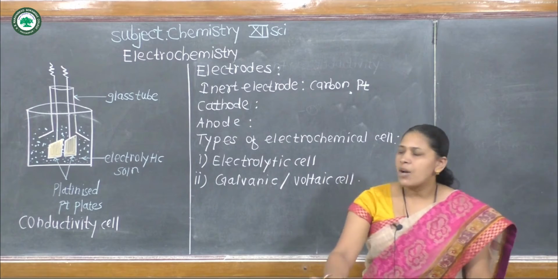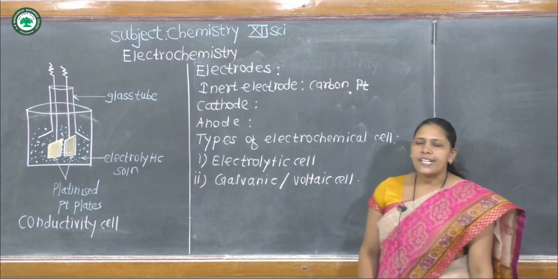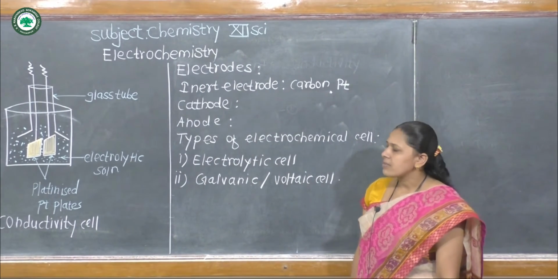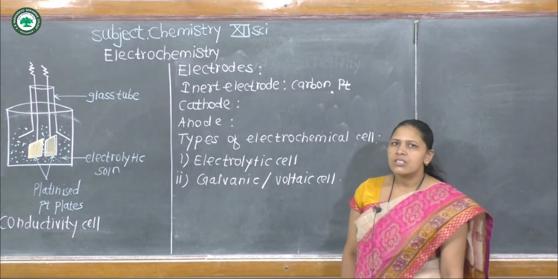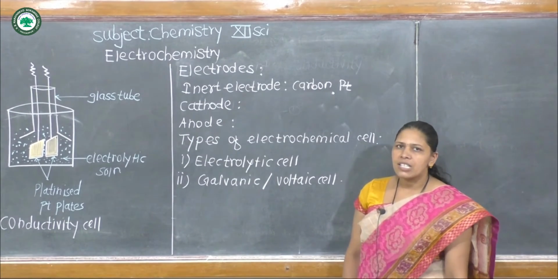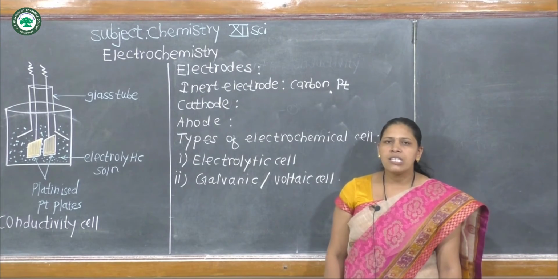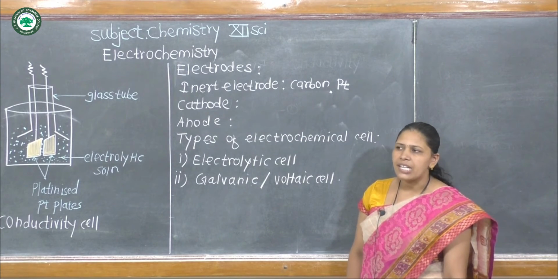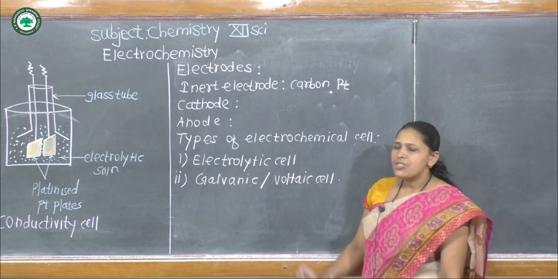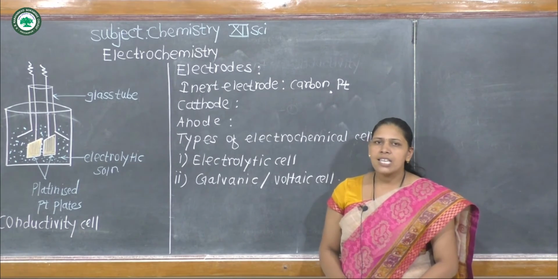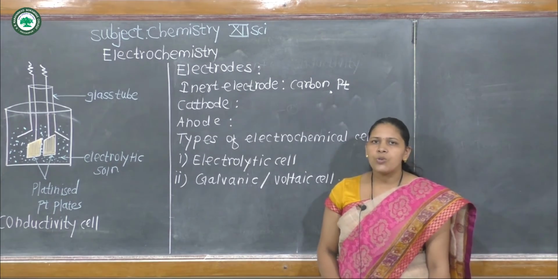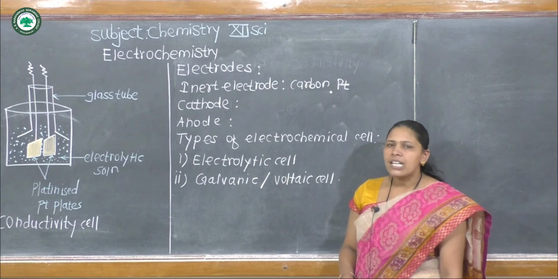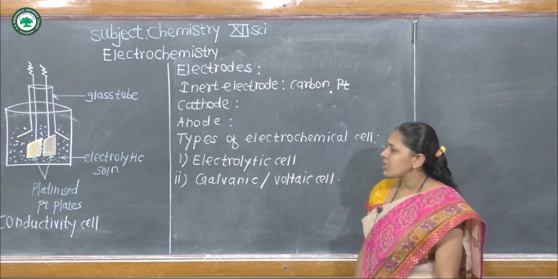First, we will discuss what is meant by electrolytic cell. A very important point: we know that electrochemistry is the branch of chemistry in which interconversion of chemical energy and electrical energy takes place. In electrolytic cell, electrical energy is converted into chemical energy.